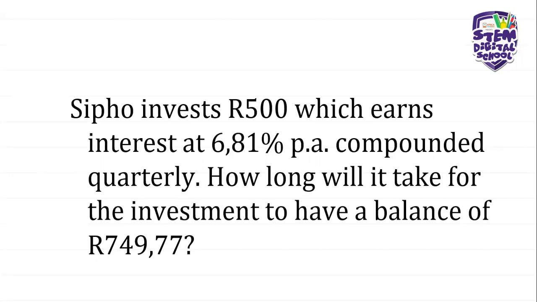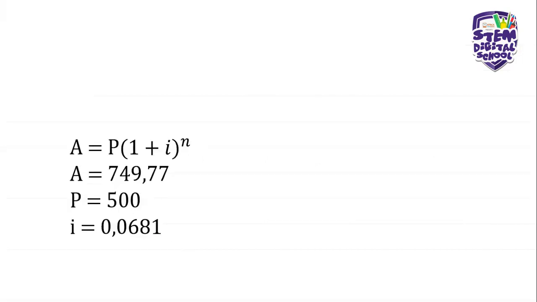So to recap what you have there, you can tell that we have the A there, which is 749 rand and 77 cents. We also have the P, which is 500. And we also have the I, which is 0.0681.